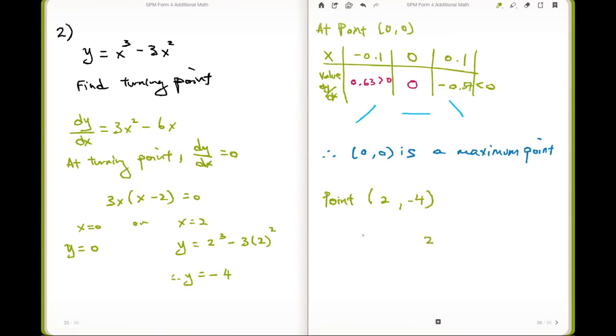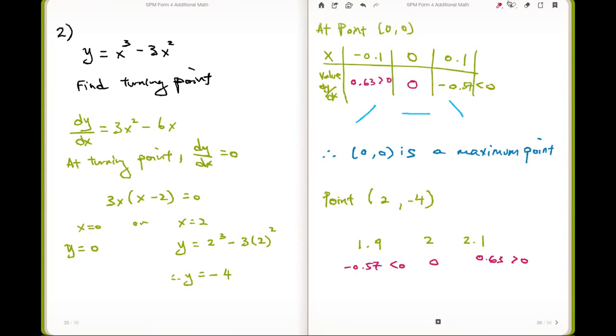For 2, the number before 2 is 1.9 and after 2 is 2.1. You substitute into a calculator: at 1.9 you get negative 0.57 for dy/dx, which is less than 0, and at 2.1 you get 0.63, which is more than 0.